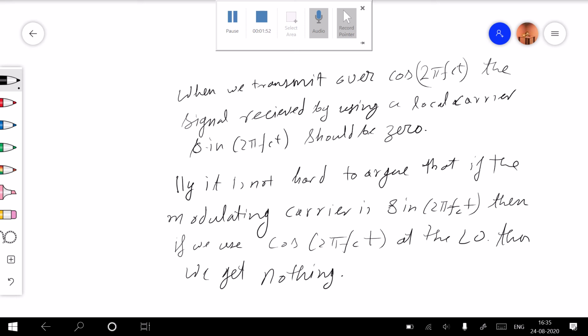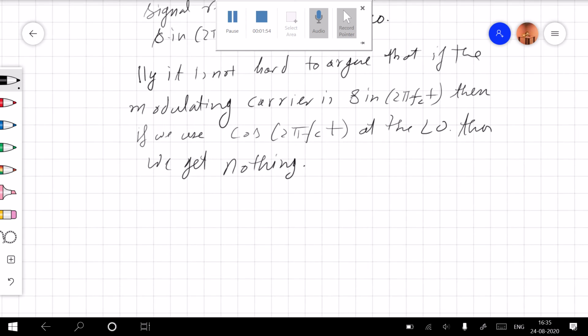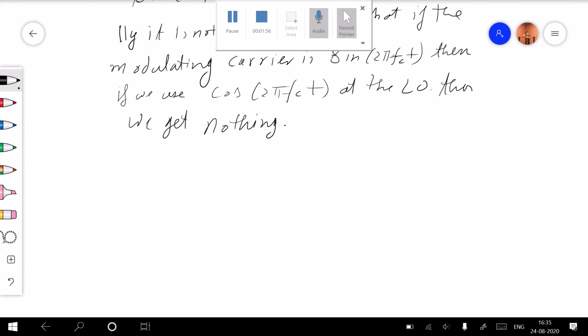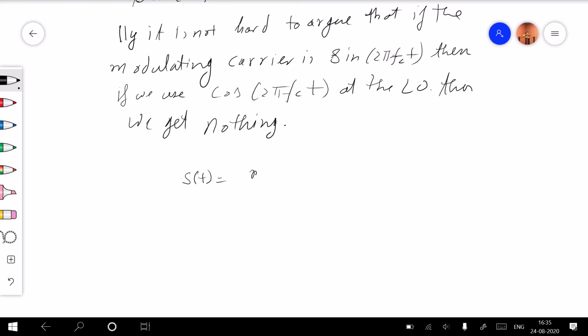So let's consider the case where we have the signal S(t) equals M_I(t) cos 2 pi fct plus M_Q(t) sine 2 pi fct. Fine.